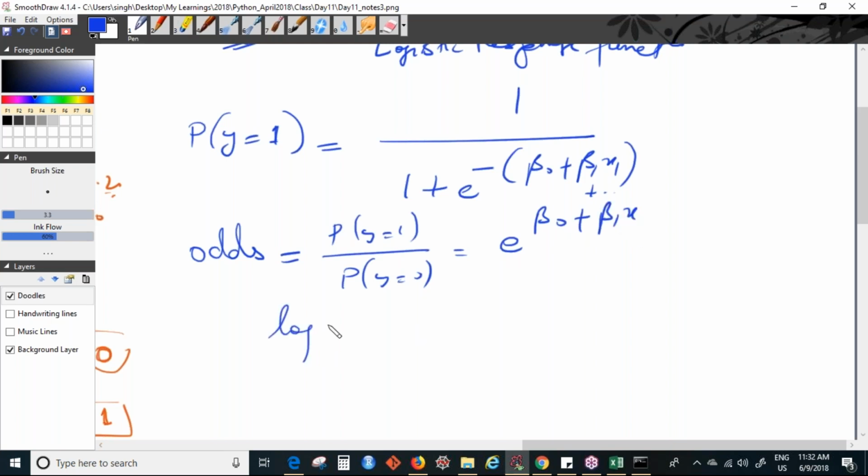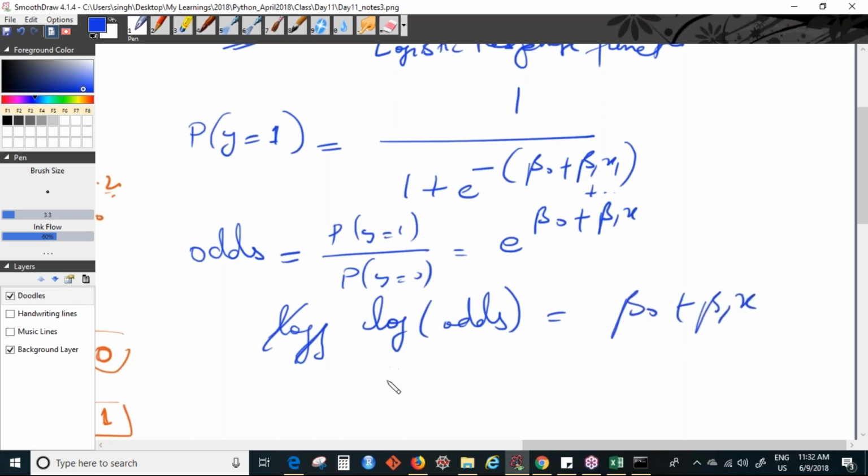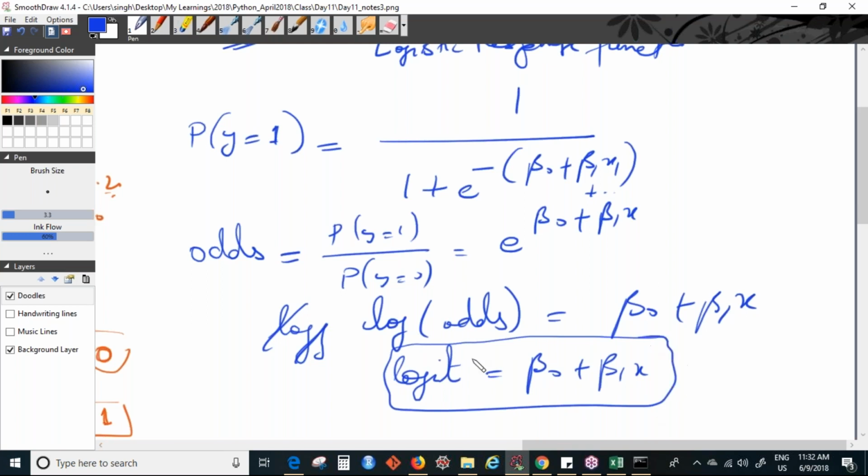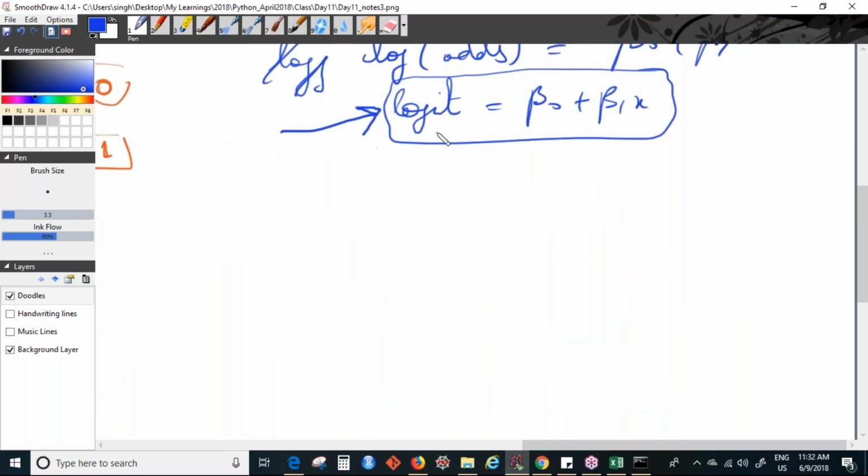If you take the log of both sides, you will get beta naught plus beta 1 x. Log of odds is also known as logit. So logit is equal to beta naught plus beta 1 x. This is the final equation.